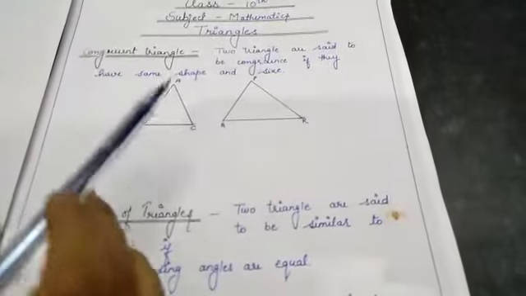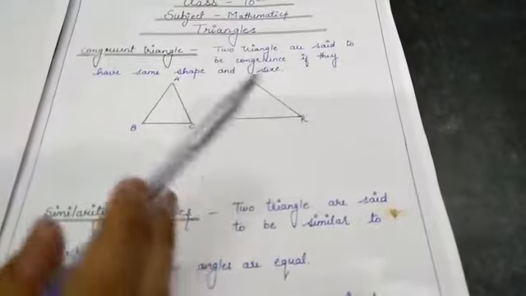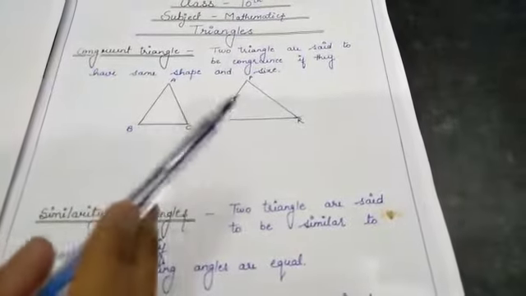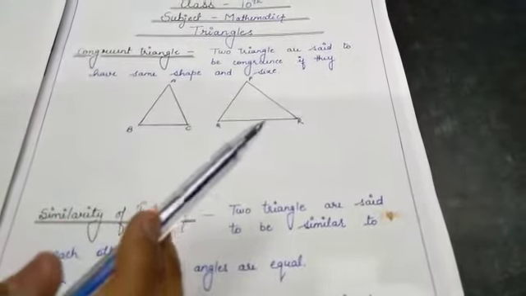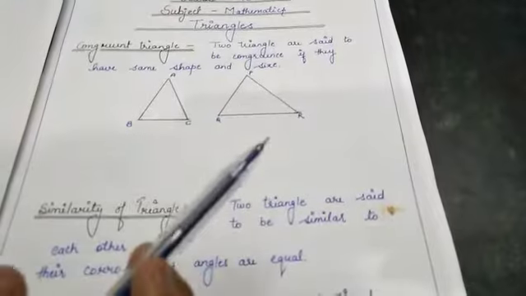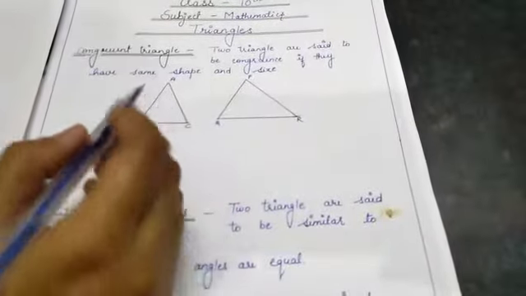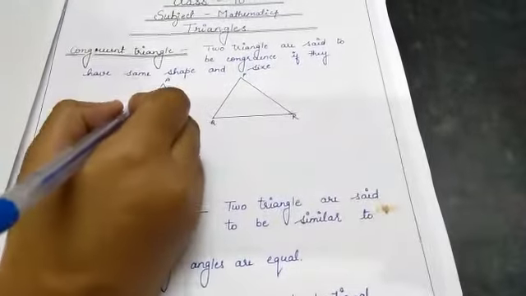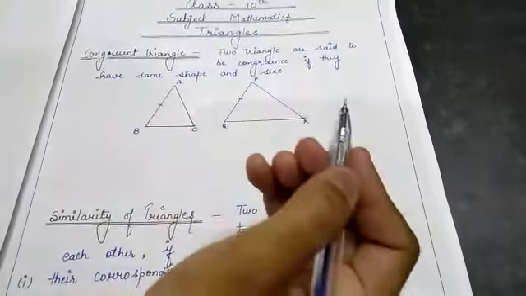You can see here ABC is one triangle and PQR is another triangle. These two triangles are called congruent triangles because their shapes are similar and their sizes are also similar. Why? The length of AB is equal to the length of PQ.